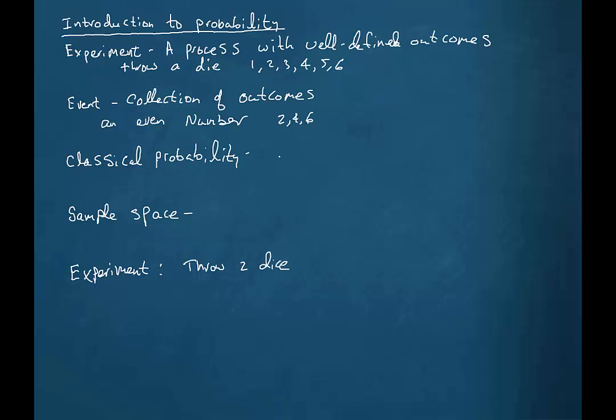Classical probability is defined as the ratio of the number of favorable outcomes divided by the number of equally likely outcomes.